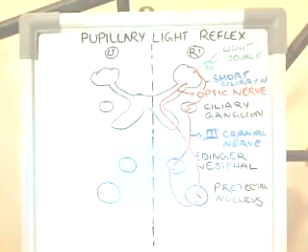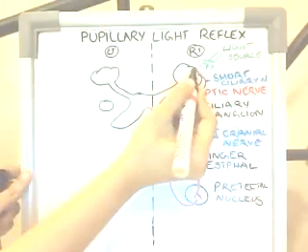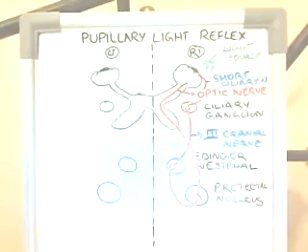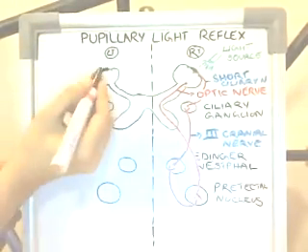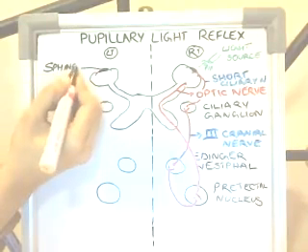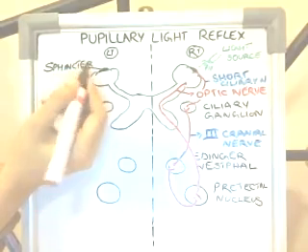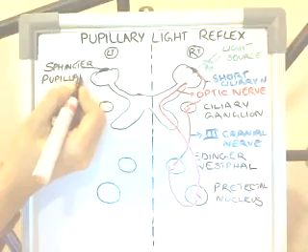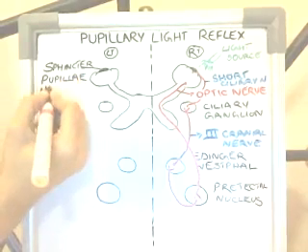The muscle which it innervates, which is present in both eyes, is the sphincter pupillae. This is the sphincter pupillae muscle.